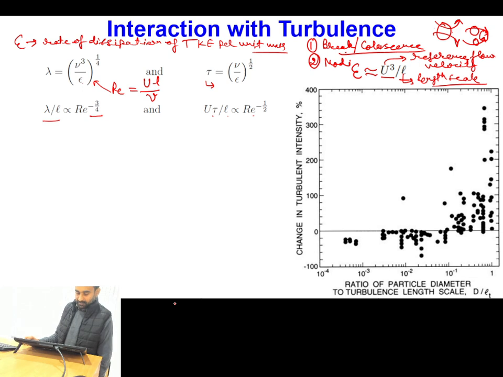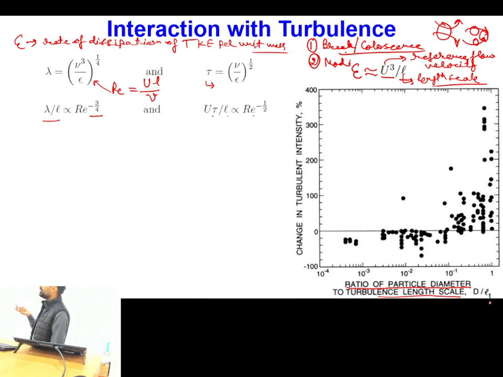Now, after this information, let us try to visualize this graph. Okay. So in this particular graph, along the x-axis I am having the ratio of particle diameter to turbulent length scale. So particle size is d divided by LT. What is LT? LT is my turbulent length scale of the turbulent eddies.